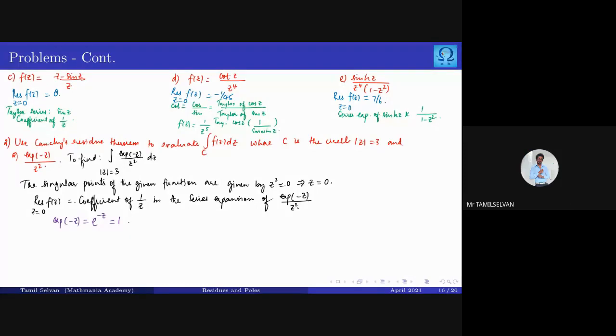Are you sure you will have plus? So minus. Then z by 1 factorial minus z square by 2 factorial, minus z power 3 by 3 factorial.